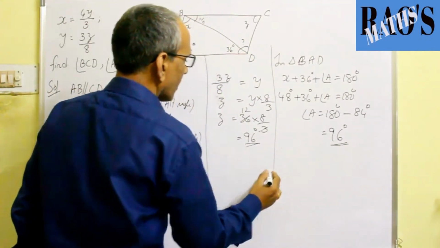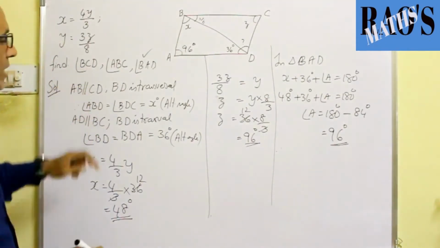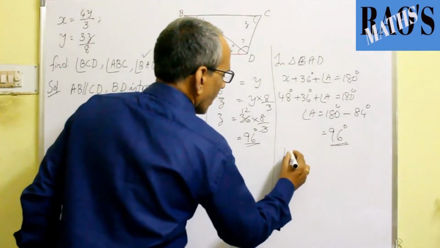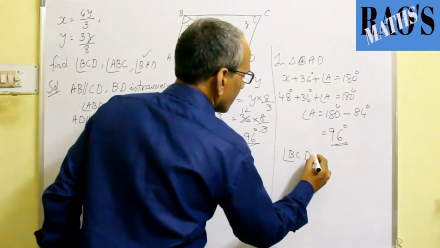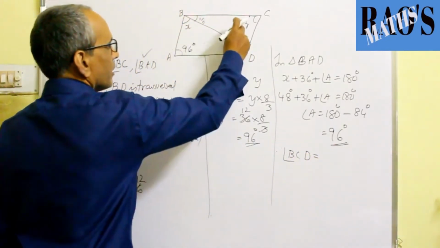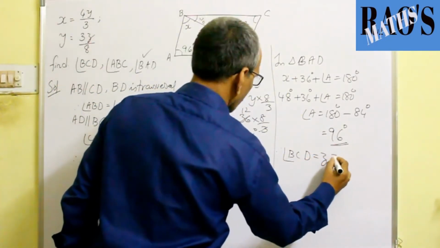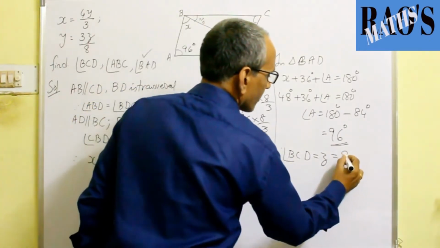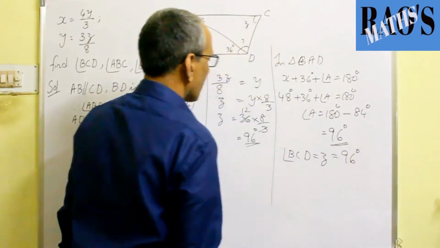Therefore, we write the answers to the questions. Angle BCD is nothing but Z, which is equal to 96 degrees. First answer.